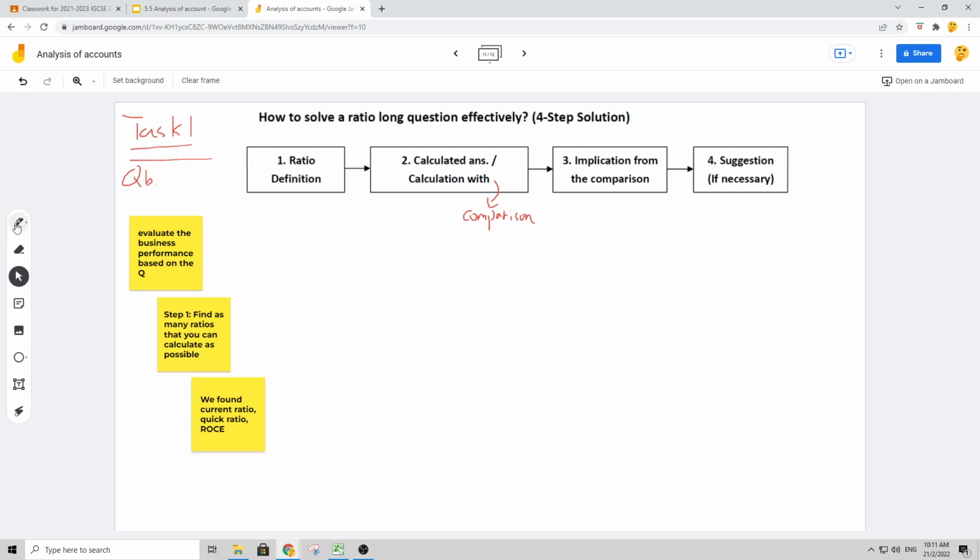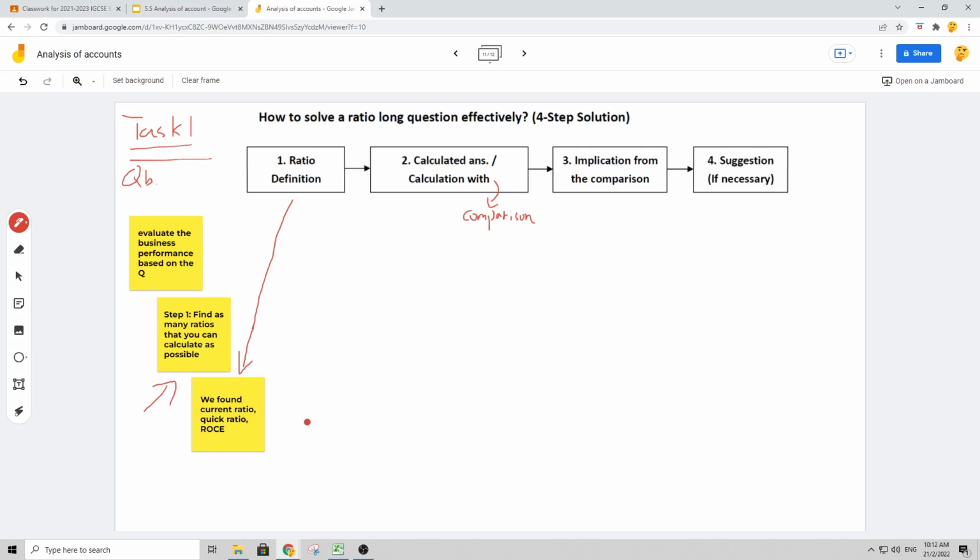For the first step here, it's always good to remind yourself what the definitions are. When you look at all the ratios here, you would like to see the definitions, but it's not necessary when you are working on your 6 marker, the evaluation question. You must define all definitions is not required, but it will give you a good idea of what you're really looking at. So this is really the first step.